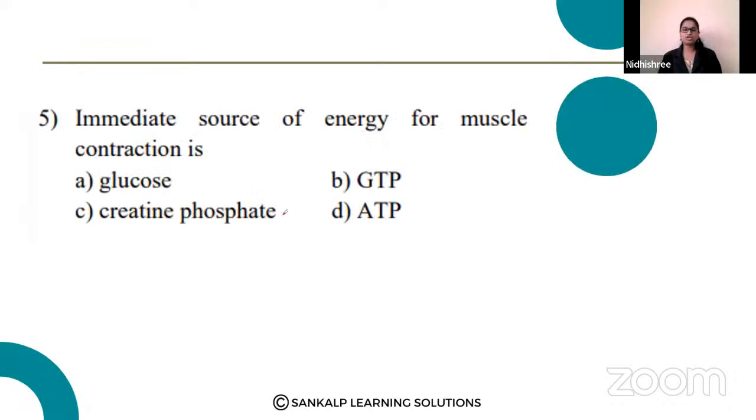Immediate source of energy for muscle contraction is option A, glucose, option B, GTP, option C, creatine phosphate, option D, ATP. Until I complete reading the options, don't answer.